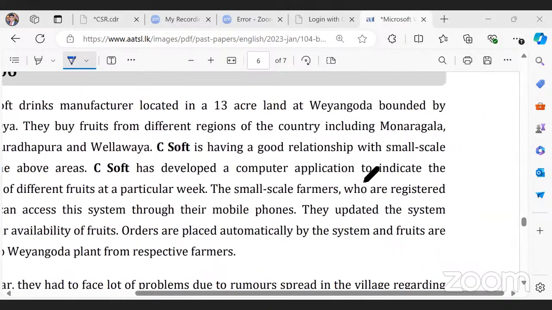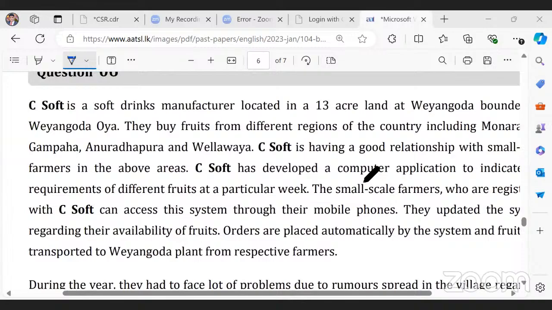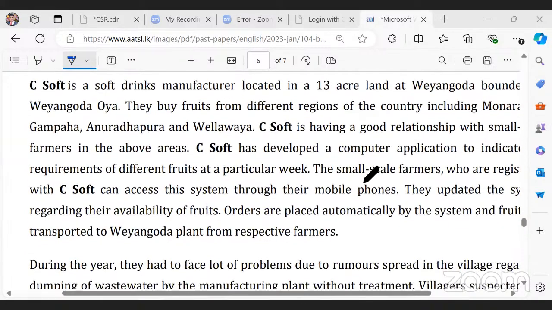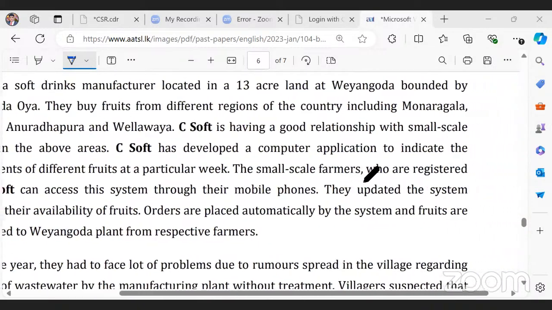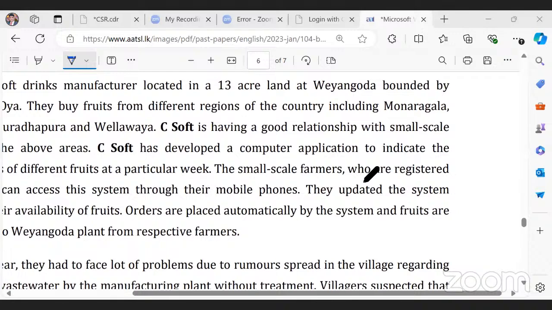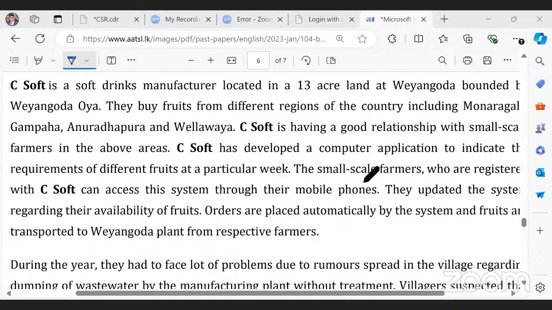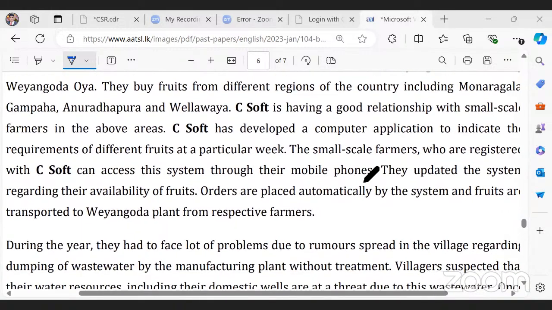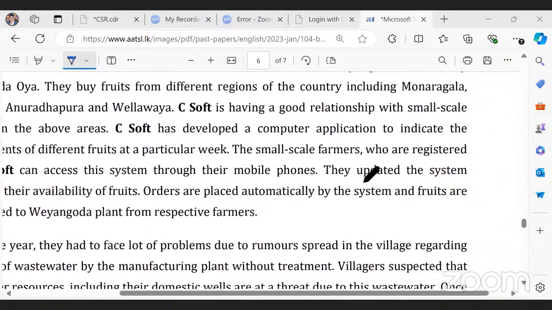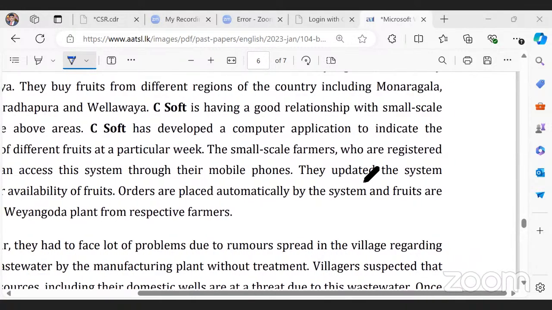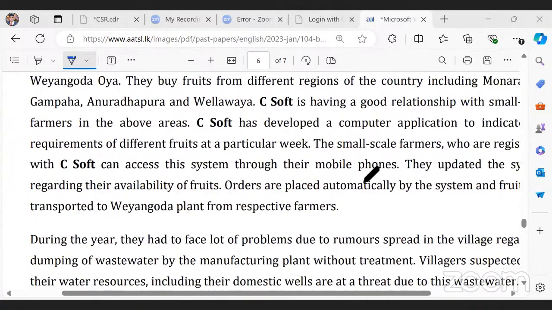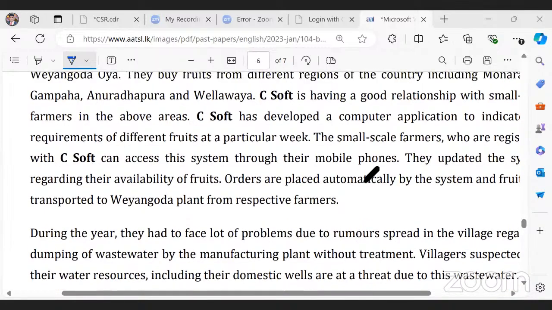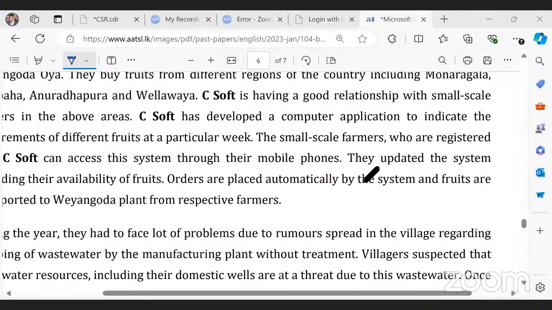Seasoft has a good relationship with small-scale farmers in the above areas. Seasoft has developed a computer application to indicate the requirement of different fruits in a particular week. The small-scale farmers who are registered with Seasoft can access this system through their mobile phones.